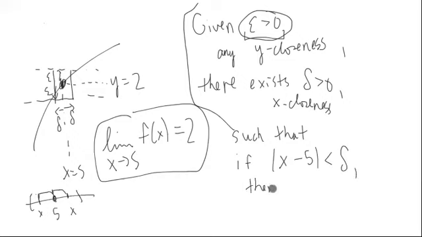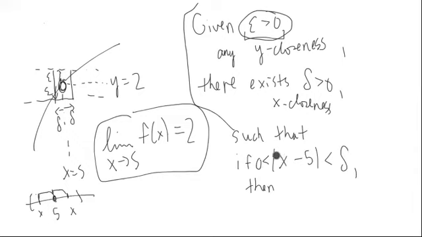Then, in fact, we're even going to put a 0 here, because that's going to allow us to talk about limits. And limits happen sometimes when there's a hole. So if x were equal to 5, then it would be defined, but we're going to just assume that we're away from 5, but very close to 5.